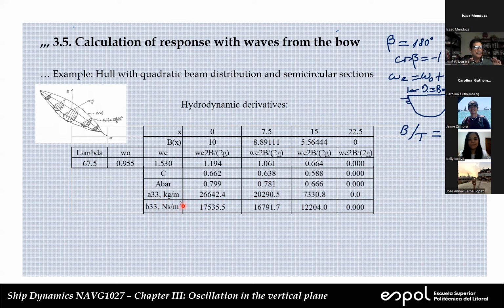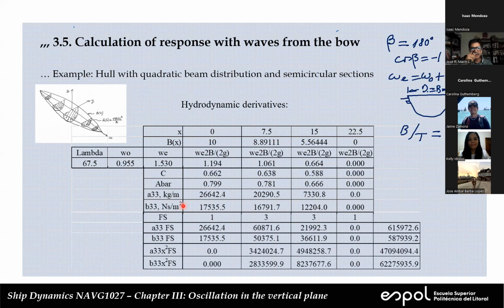And then what we have to do is integrate half of the length and then multiply by 2. This is what I'm doing here. In this line, I have the Simpson factor 1331. I multiply this times that, and that's what I get here. This times that, that's what I get here, etc. Similar for B33.